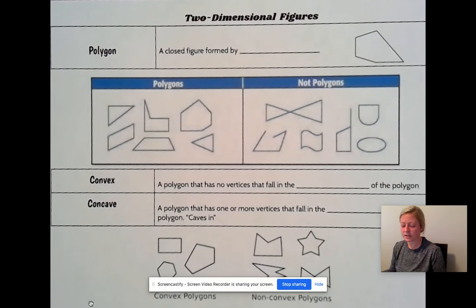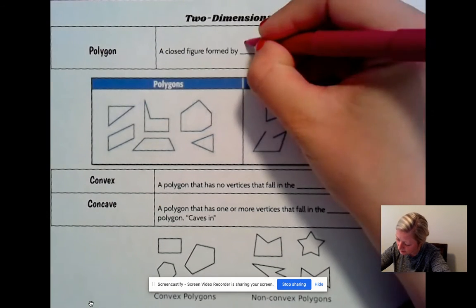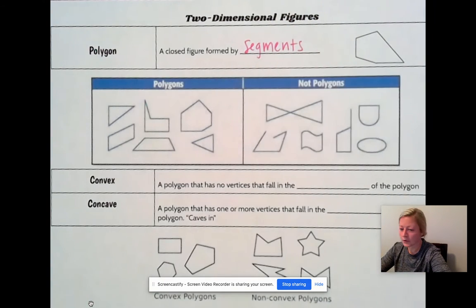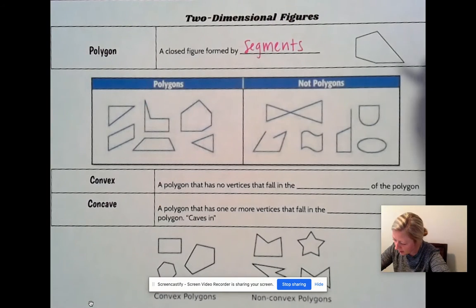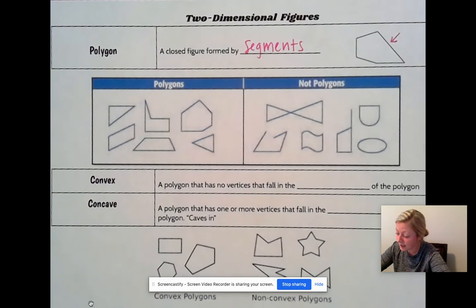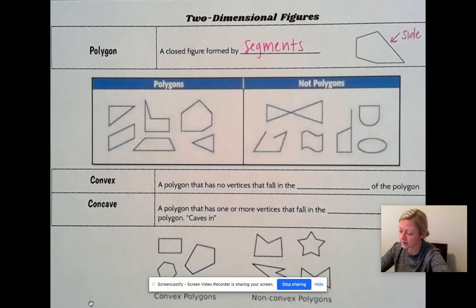So our first word is a polygon. All a polygon is, is a closed figure formed by segments. A few things about a polygon. This would be a side of your polygon, or your segments.